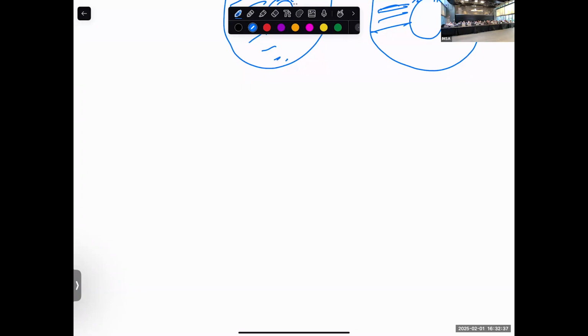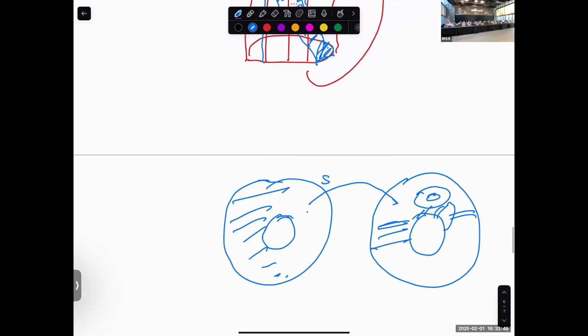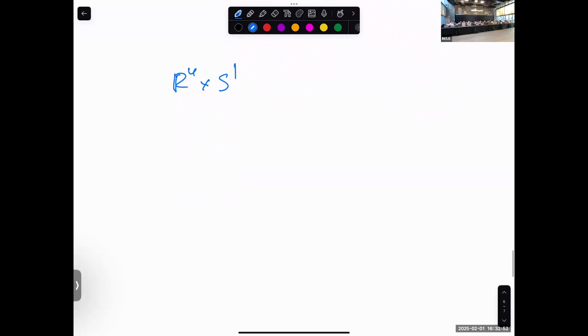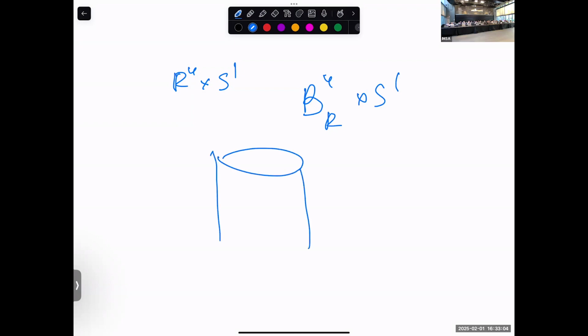There is the following story, and this is due to Pastornovich and myself, that if you consider, for instance, R4 cross S1, and in R4 cross S1 you take balls of radius R cross S1. In R4 cross S1 I consider the standard contact structure, some UV form here, plus dz. And let the z coordinate have size 1.